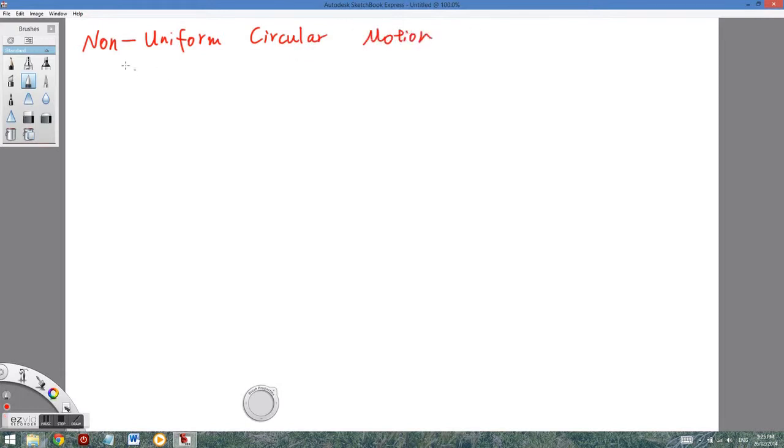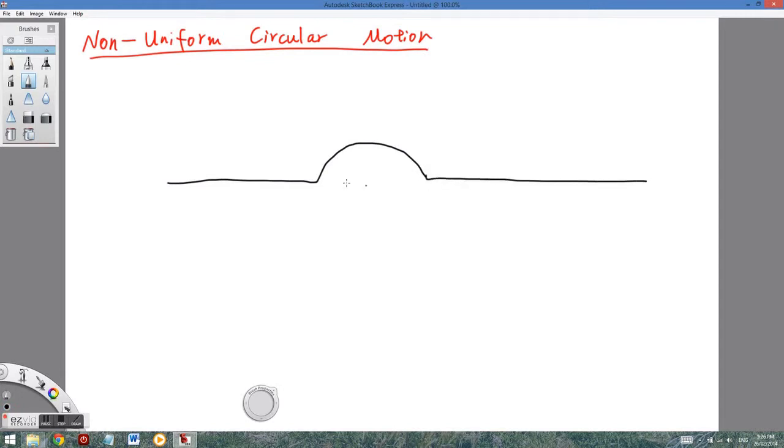Now, let me give you an example. Say I have a hill, a little bump on the road, on the ground. Then I'm going to roll a ball around it.